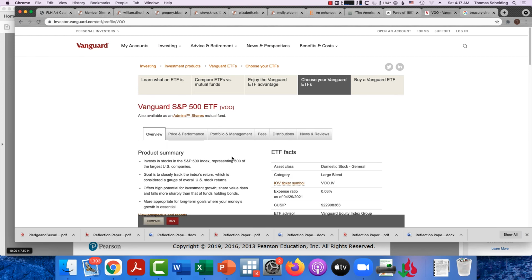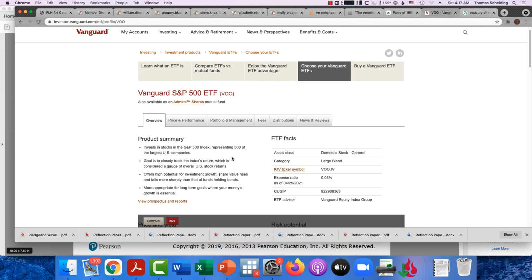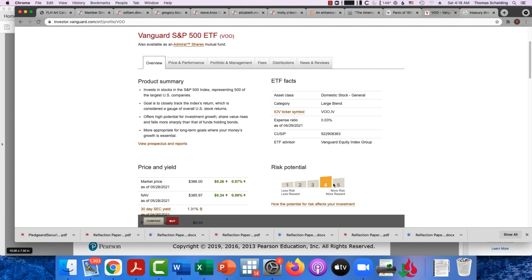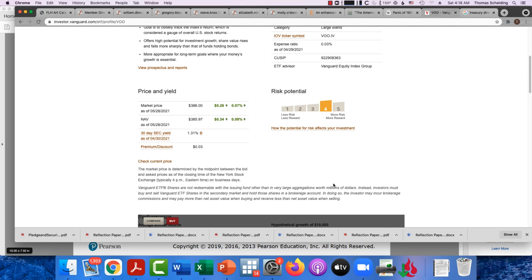And that would be this right here. Look how cheap that is. That's not even 1%, right? In this case, 0.03 of a percent. Incredibly cheap. But again, it's just buying the 500 things out there.